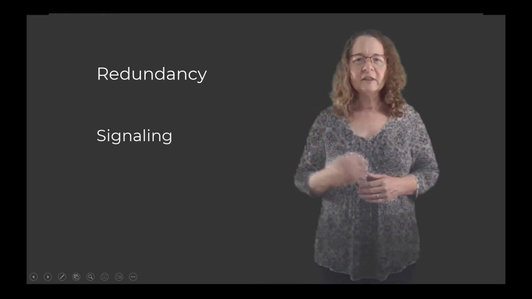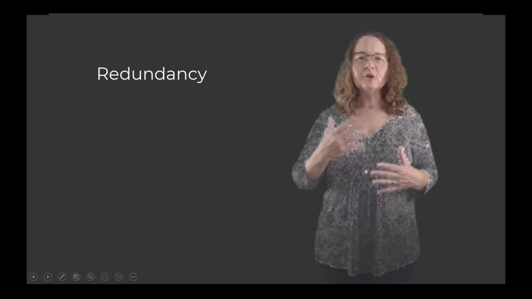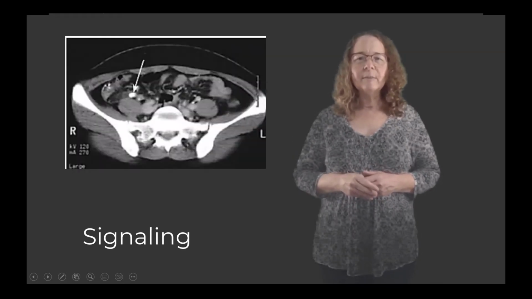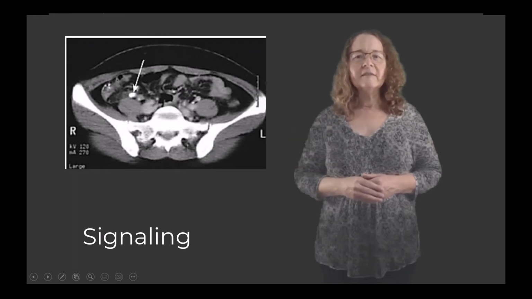Several principles we need to think about then: the redundancy principle and the signaling principle. So redundancy principle is using items over and over and over, getting too much into their brain so they just don't even want to remember it anymore. And signaling would be pointing things out. So in anatomy, we might point things out on an x-ray, and in this example, like the appendix.